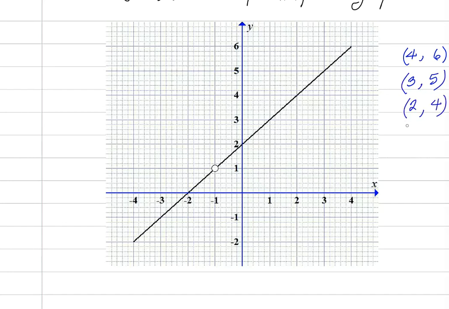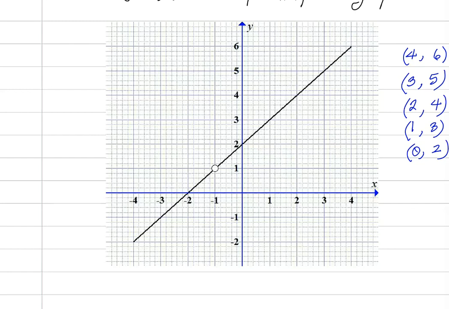When x is equal to 1, we got f of x equal to 3. When x is equal to 0, we got f of x equal to 2. When x is equal to minus 1, we got no value. We got 0 over 0, and 0 over 0 is indeterminate. So when x is equal to minus 1, there's no value of y. So the point at x equal to minus 1 is not a point on the graph. For x equal to minus 1, f of x has no value.